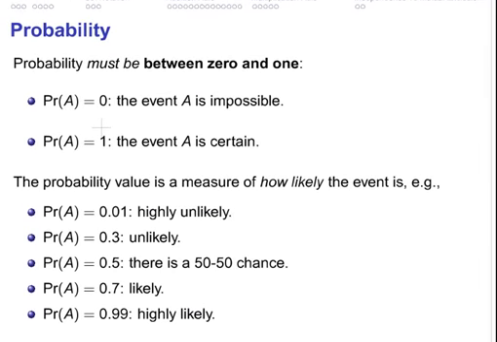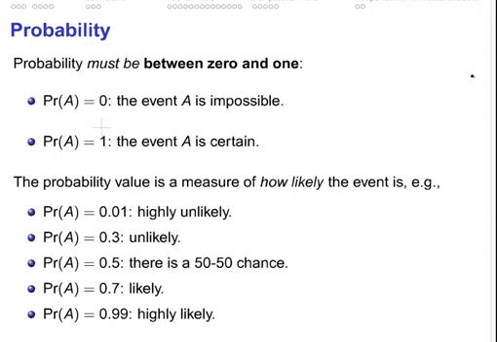So these are what they call the axioms of probability, and this is a bit more important now. Probability must be between 0 and 1. If the probability of A is 0, that means the event is impossible. A probability of 1 means that the event is certain, that it's almost guaranteed to happen. Essentially, probability is a measure of how likely that event is to occur.